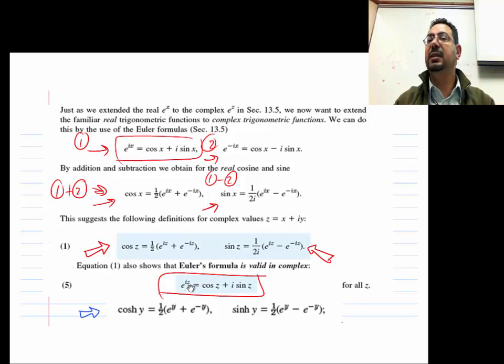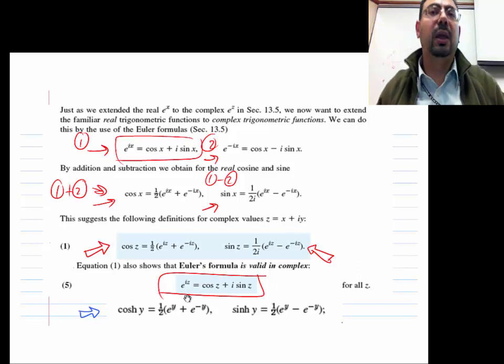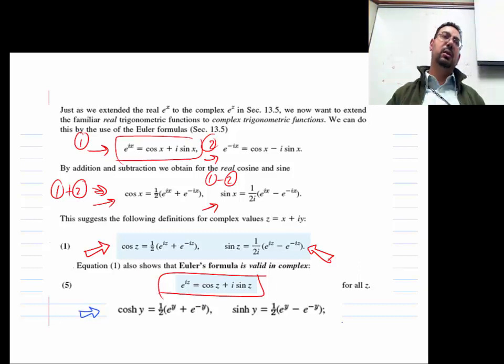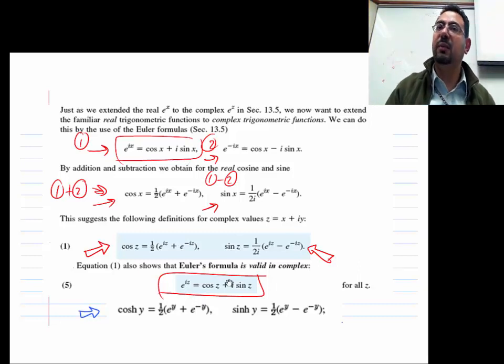So e to the power iz is cosine z plus i sine z. So that Euler formula is not only for real numbers but even for complex numbers. Okay, so I guess Mother Nature is really nice to us. There are no two sets of formulas, it's the same formula for real or imaginary.